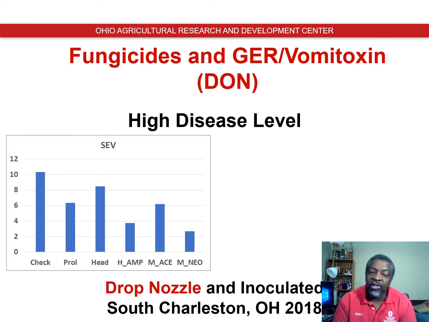Here in Ohio, we conducted trials to look at the efficacy of fungicides when applied using drop nozzles. Again, we inoculated ears with the fungus and then applied these fungicides at the R1, or silking, growth stage. We looked at Prosaro, Headline, Headline AMP, Miravis Ace, and Miravis Neo.